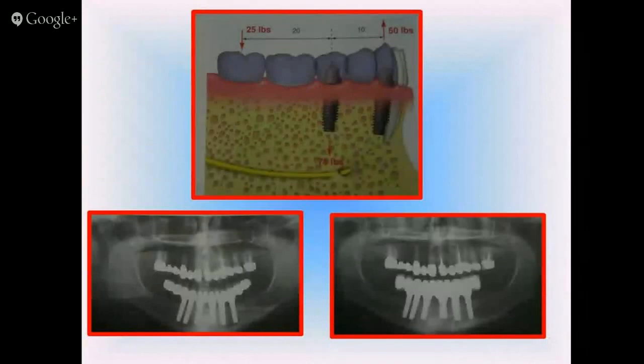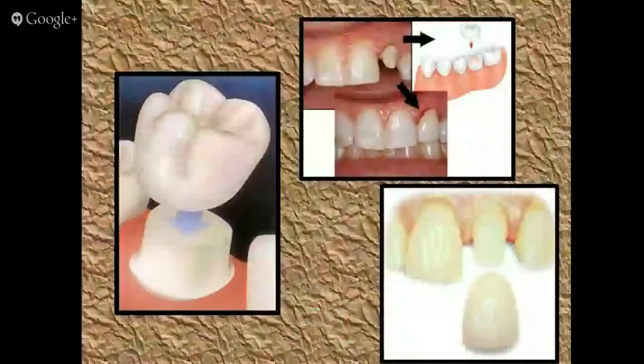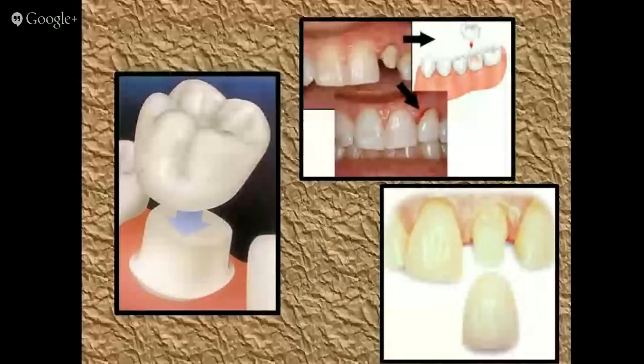Coming to the crown height and implant protected occlusion. The crown height acts as a vertical offset. What we were discussing about the cuspal ridges was the horizontal offset. We have to understand that a crown also tends to contact in lateral excursions, and also tends to contact in centric bite. So the timing of occlusal contacts remains the same.